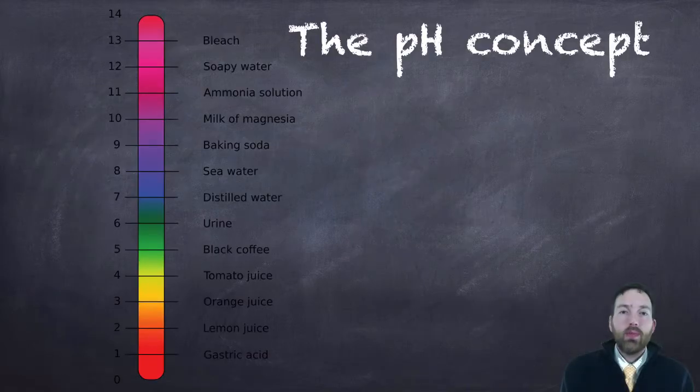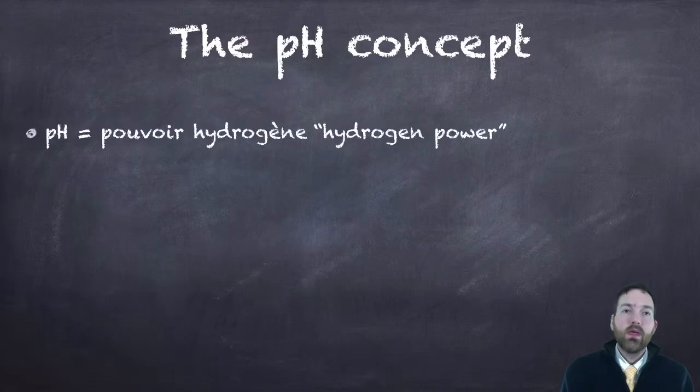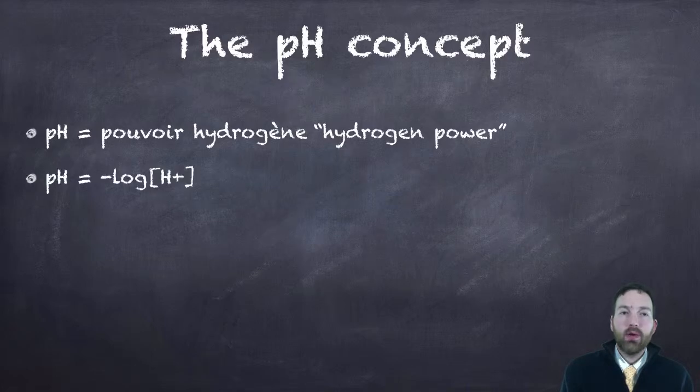I'm sure you remember the pH concept from other science classes. This is a pH scale showing the pHs of some common substances. In the middle here at 7, we have a neutral pH, so distilled water is neutral. Anything above 7 is considered a base or alkaline substance, and anything below 7 is considered an acidic substance. pH is actually an abbreviation of a French word which means hydrogen power.